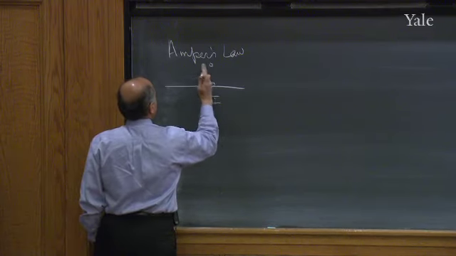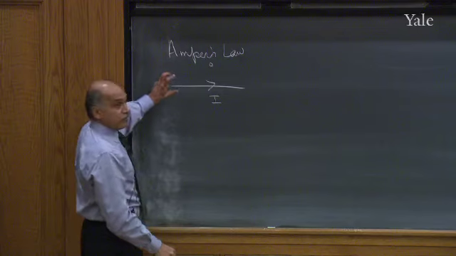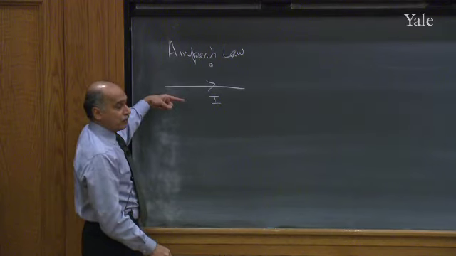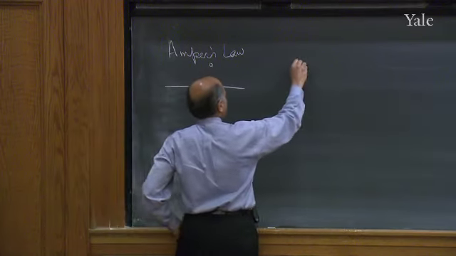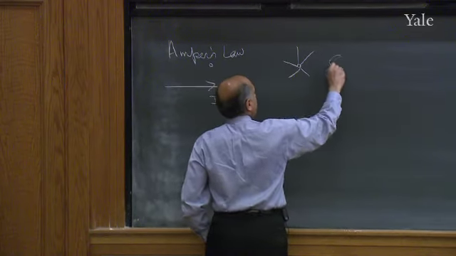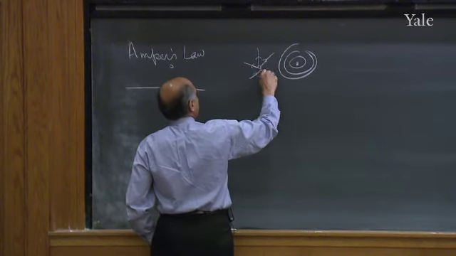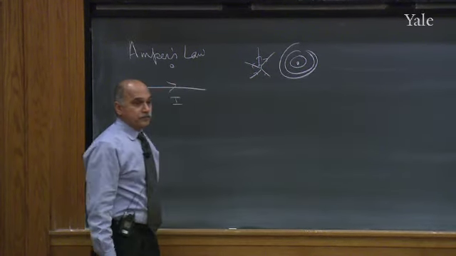And in the plane perpendicular to it, the field should be invariant when you rotate the wire, because the wire looks the same when you rotate it. So the only possible things I can think of are the field can look like this, or the field can look like this. They both have the property that when you rotate the wire, they look the same.